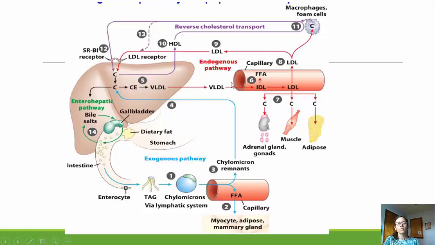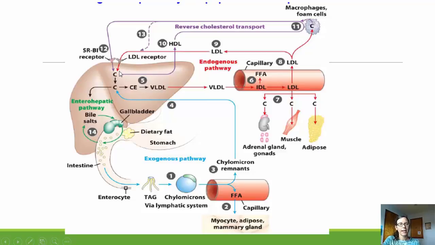The VLDL goes back into the capillaries, and when free fatty acids are lysed off, then it becomes IDL and then LDL. And LDL is what transports most of the cholesterol into our peripheral tissues. This LDL cholesterol then goes back to the liver and is endocytized via LDL receptor transport.